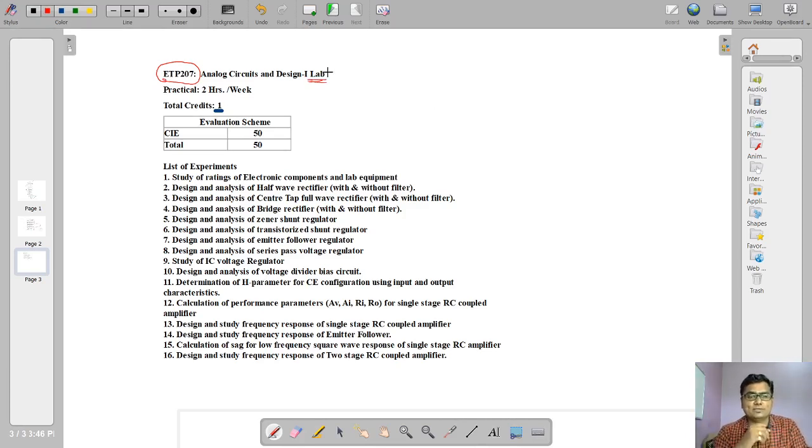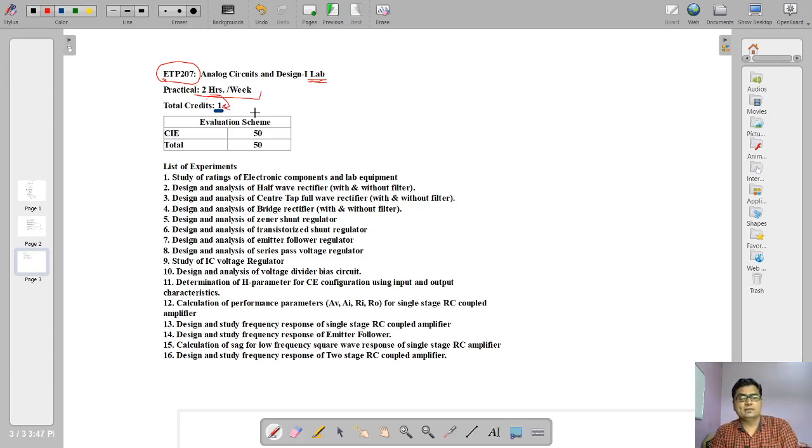You will come to the lab once a week, so you will have only one practical session in a complete week. That's why it is written 2 hours per week. Your class is divided into 3 or 4 batches, and one batch will come for the practical only once a week. Then credits are only one. See, 2 hours means 1 credit.